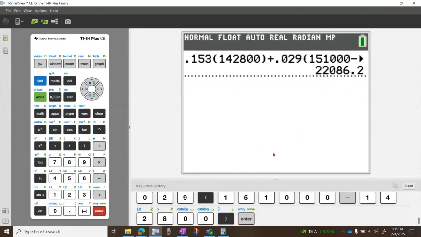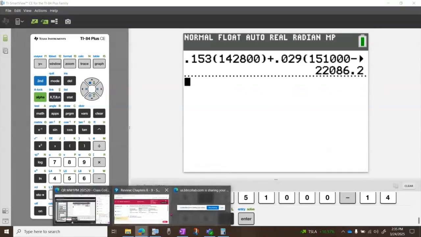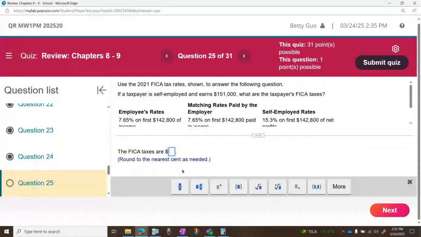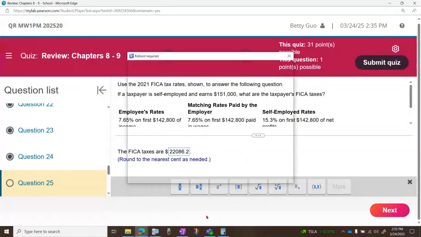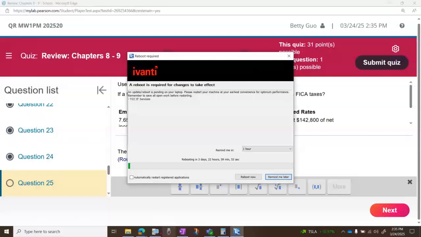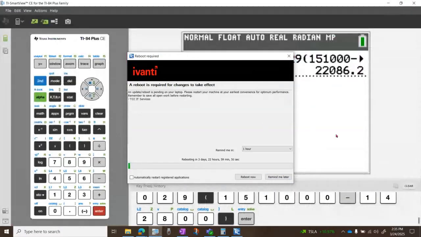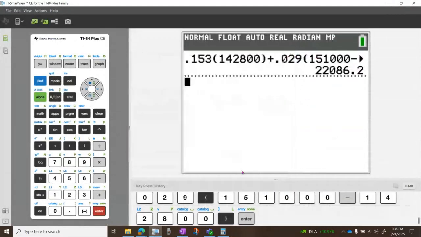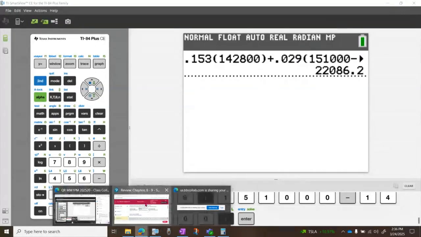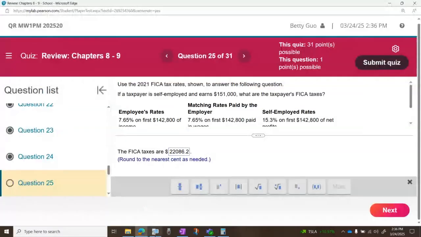Okay, the FICA is 22,086.2. Double check. 22,086.2. Okay, that's correct. Round to the nearest cent. That's good.